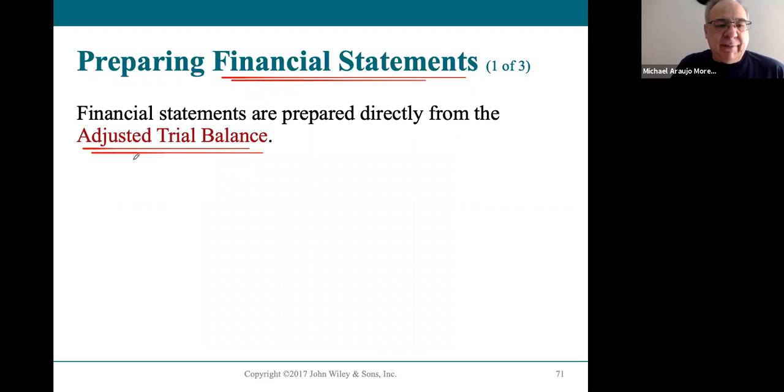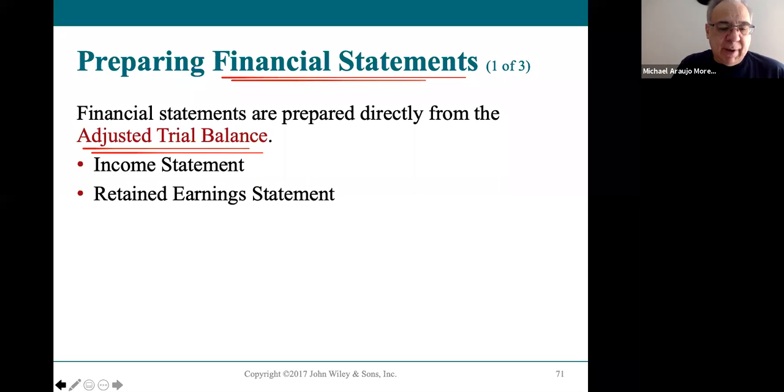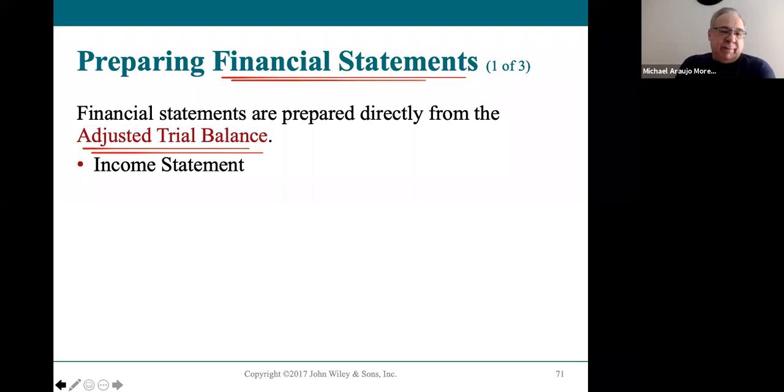All of the numbers come from the adjusted trial balance, which of course, all those numbers came from the ledger. The very first and most important statement we put together, as you know, is the income statement. The income statement shows revenues and expenses. All of those numbers come from the adjusted trial balance.